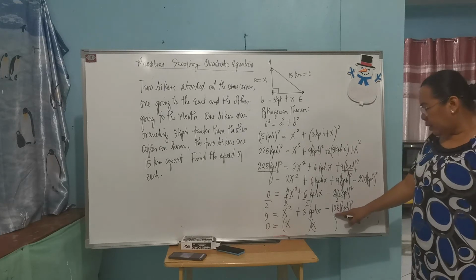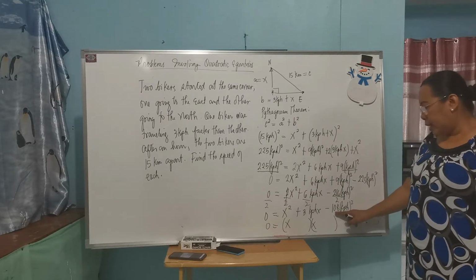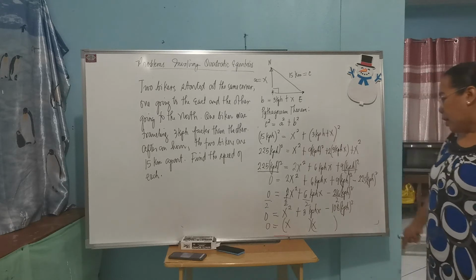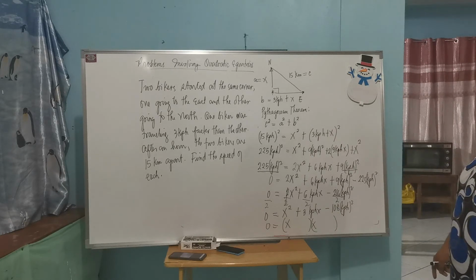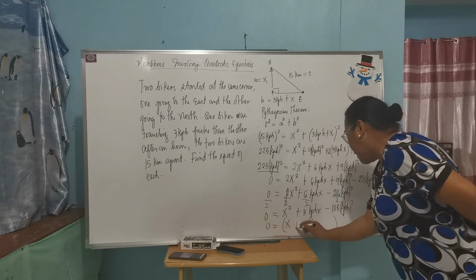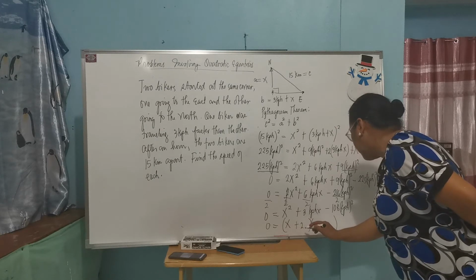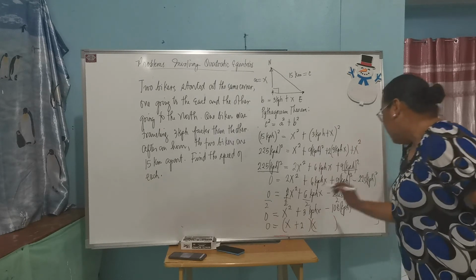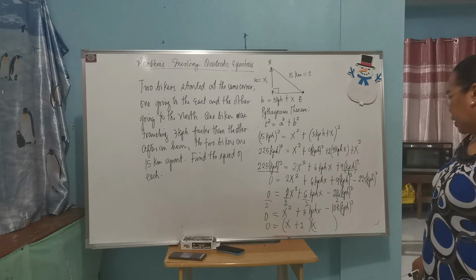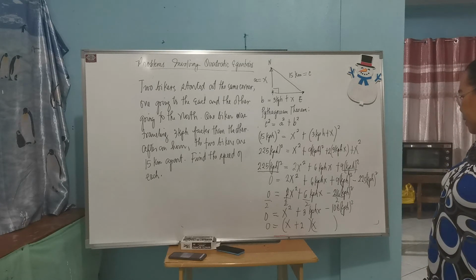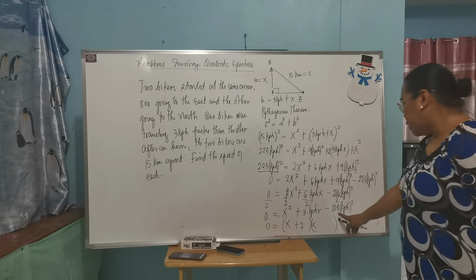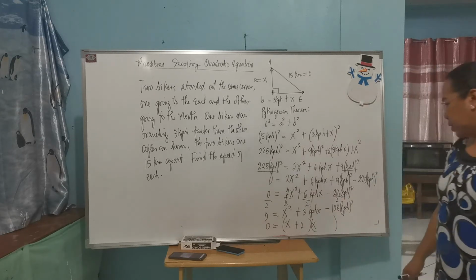What are the possible factors of 108 that will give us a positive 3 difference?